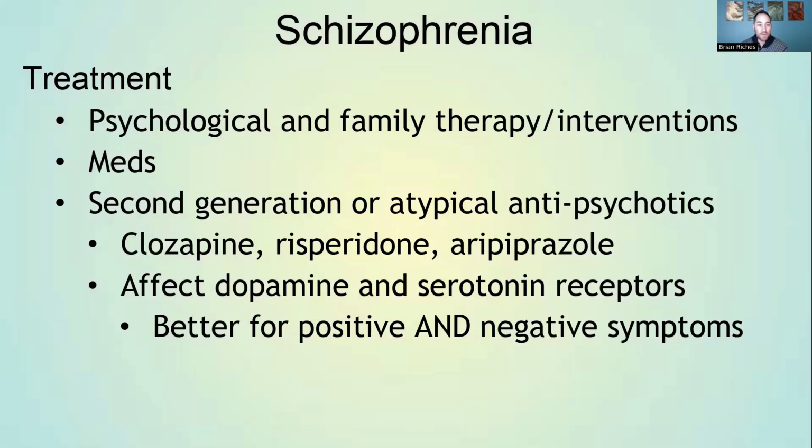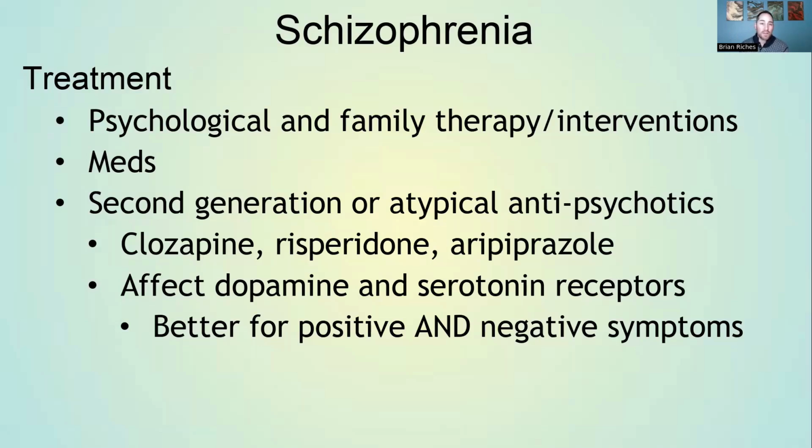So for treatment, psychological and family therapy interventions are very helpful. That means reducing stresses overall with support networks, having therapy like cognitive behavioral therapy, giving resources and ways to deal with stress and emotions. Medications can be helpful.